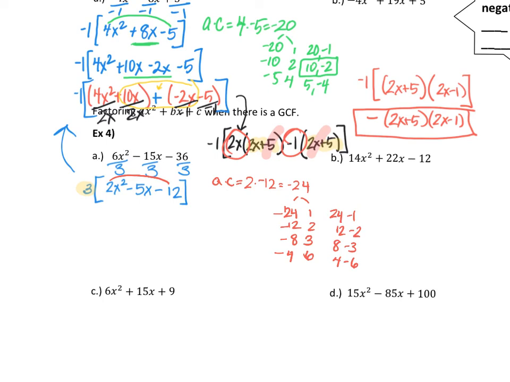Okay, so we're looking for these to combine to give us negative 5. So the one that will give us negative 5 is negative 8 plus 3. So I'm going to rewrite this with my 3 on the outside, 2x squared minus 8x plus 3x minus 12. So this is what replaced the 5x, negative 5x.